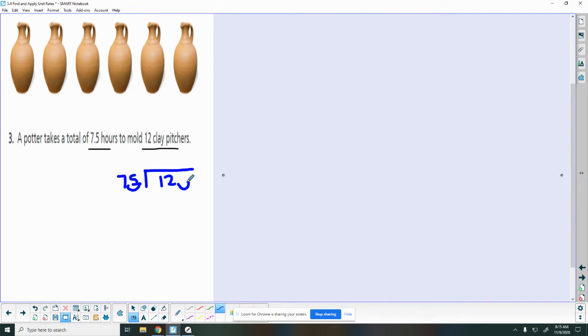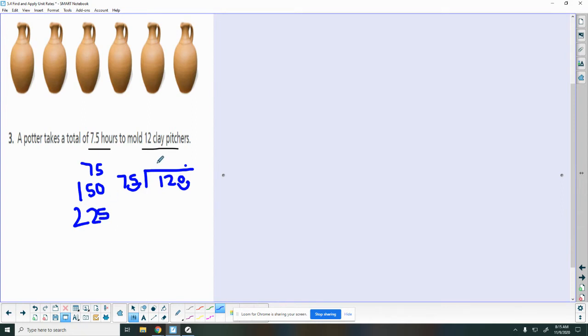We're moving our decimal. So we have 120 divided by 75. So go ahead and see if you can do that problem and then come back and check. So I'm going to make a list of 75s. 75 more is 150. 75 more is 225. So I'm going to use that to get me started here.